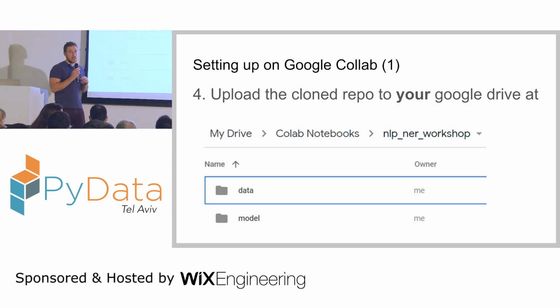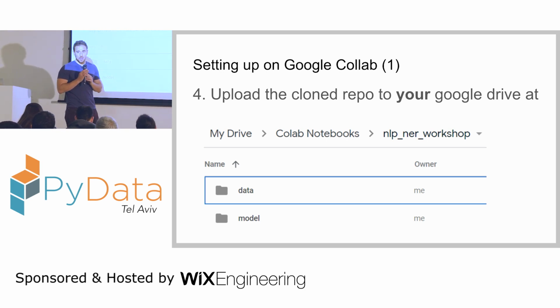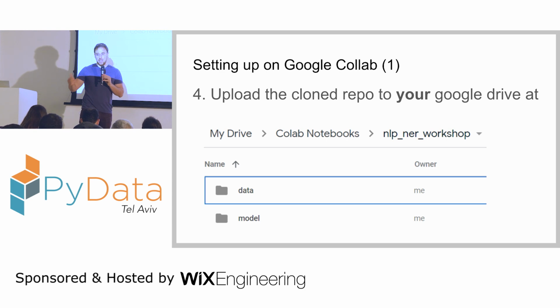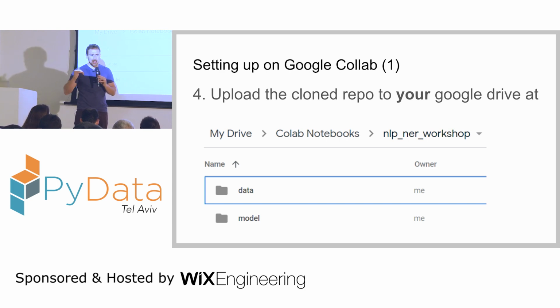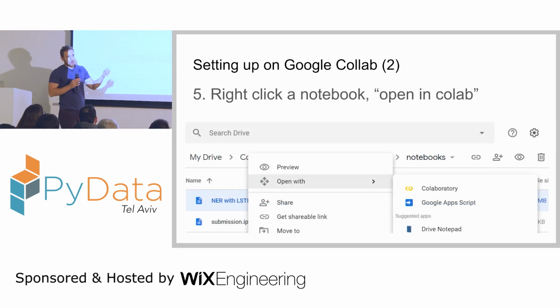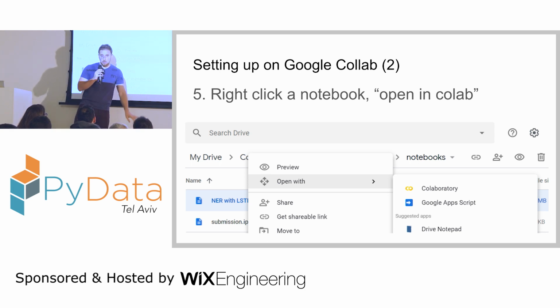We recommend not to download the data and upload it because it's a waste of time. You can just right-click the data and make a copy, copy to my drive, and it will save you some time. After you clone the repo, upload it to Google Drive, and copy the data zip there, you can just run the notebooks by right-clicking it, open with, Collaboratory.